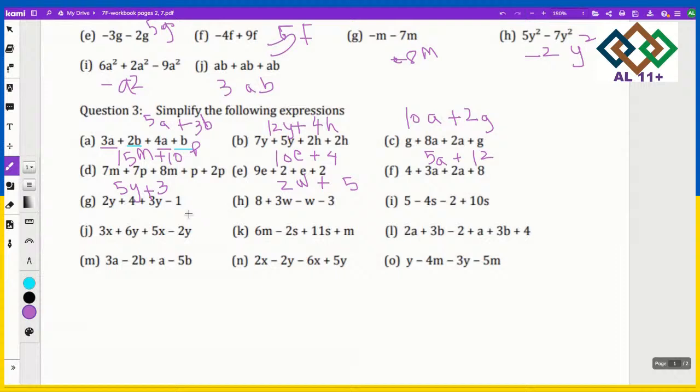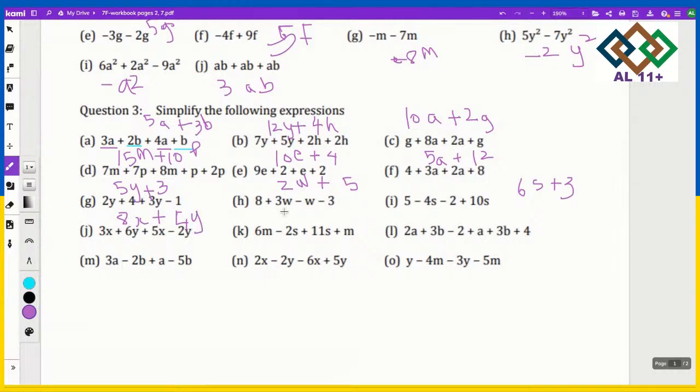Okay, let's write down number I. Number I would be 6s plus 3. Then you have j, that would be 8x plus 4y.